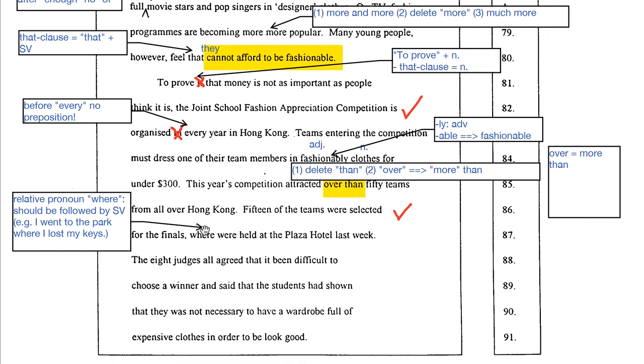Here, although the Plaza Hotel is a place, you should not use "where," you should use "which." Because this "which" is not referring back to Plaza Hotel. It's actually referring back to the finals, 個決賽. This one, you should not use "where." You should use "which." Okay, I've also explained to you why you should not use "where," because after "where," you should use a subject and verb.